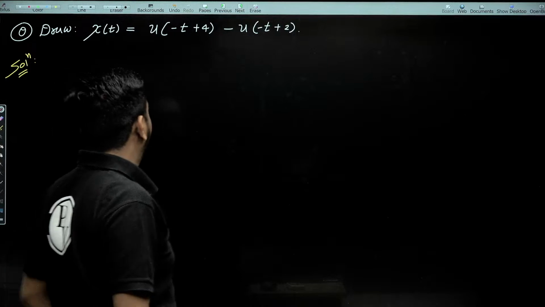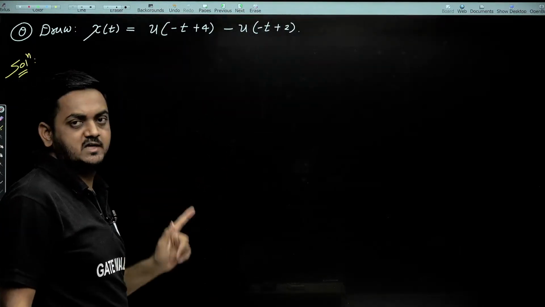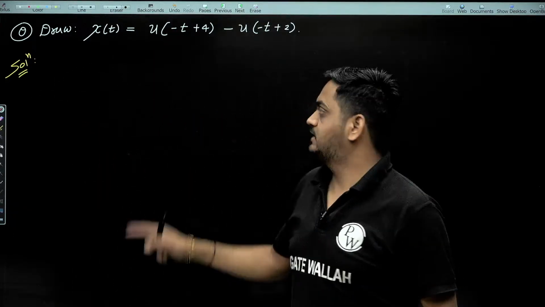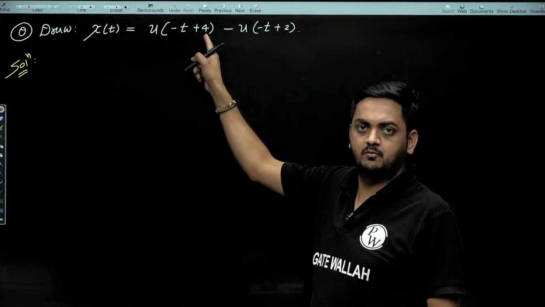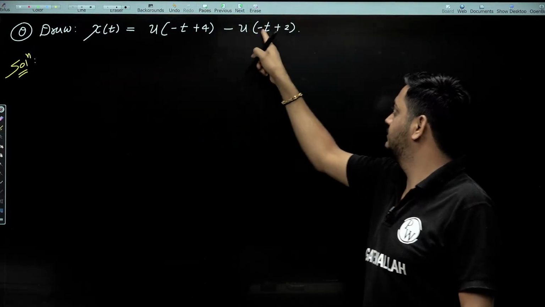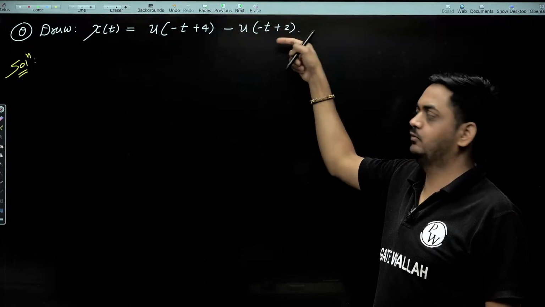Now see. Now this is the step function starting from 4 and going towards left side, because I told you, guys, minus t means left side signal, and starting point will be the same sign, plus 4. It will start from t equal to plus 4, and going towards left side with amplitude 1. Similarly here, left side signal starting from plus 2 and going towards left side.